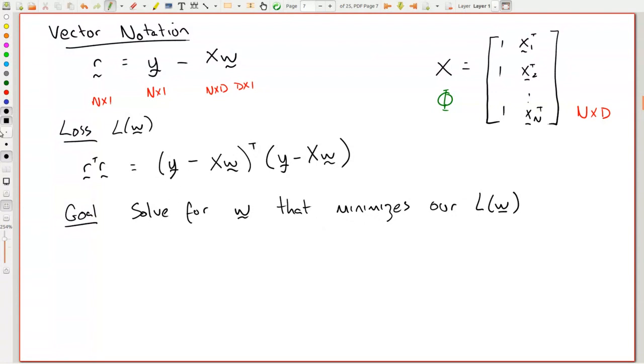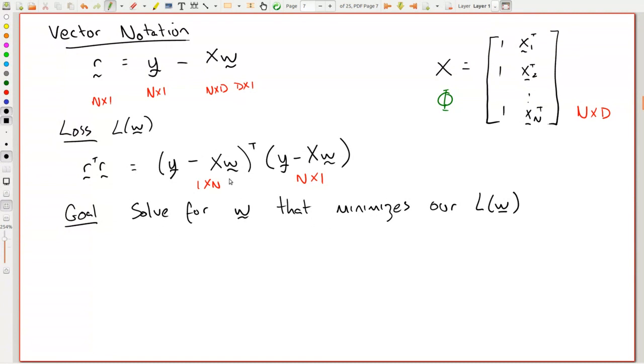Transpose so that we have this, this is n by 1, remember, up here, and this is 1 by n when we take the transpose into account. So we can effectively do the dot product between these two vectors.